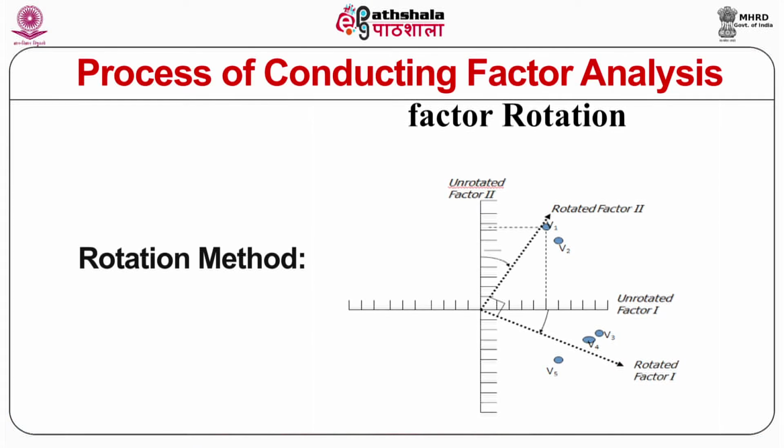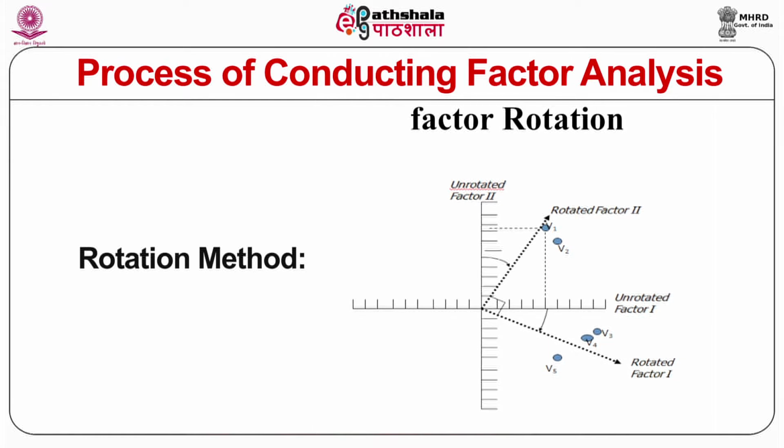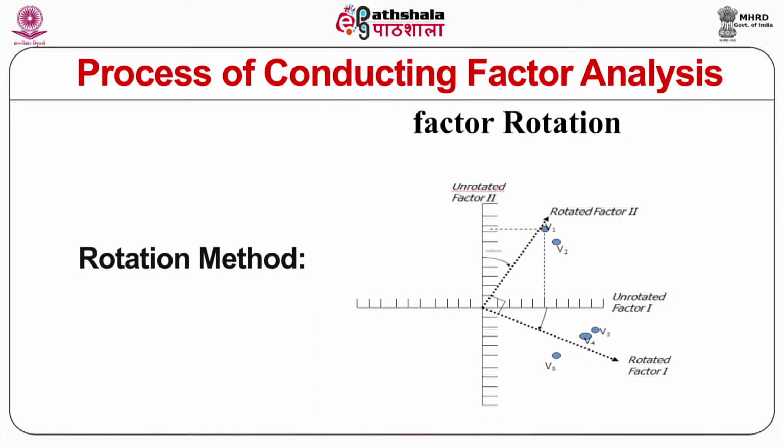In rotating the factors, an attempt is made to improve the efficiency of the factor pattern matrix by obtaining the solution where each one of the factors has non-zero or significant loadings or coefficients for only some of the variables. There are three methods of rotation. Orthogonal rotation, where right angles are maintained during rotation between the axes. Secondly, the Varimax procedure, and the oblique rotation. Varimax is the most common method of rotation.